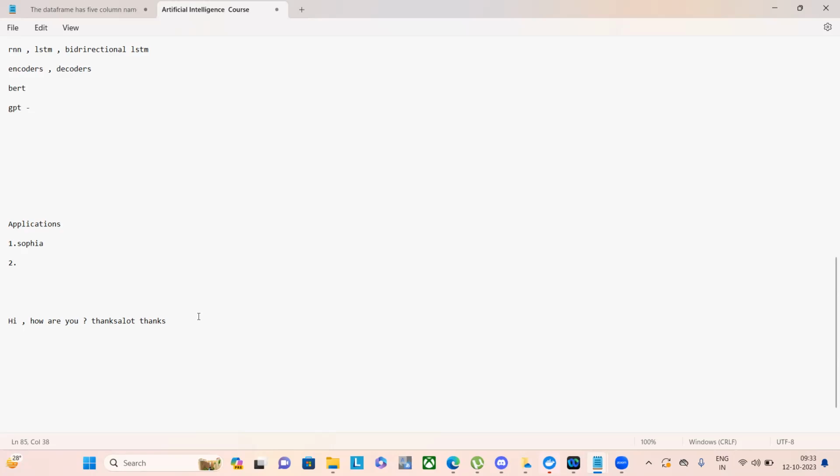At the bottom, it will show us some recommendations for you. How is it happening? Because of NLP and machine learning applications, both combined.